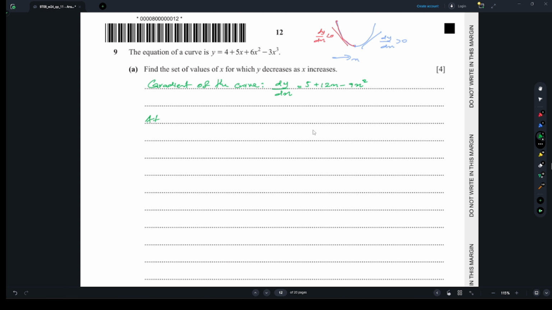So at the stationary points, we know that dy over dx is 0, right? So we can write 5 plus 12x minus 9x squared equals 0.